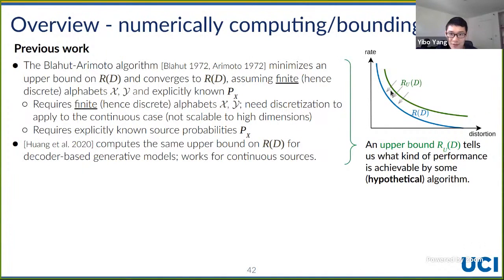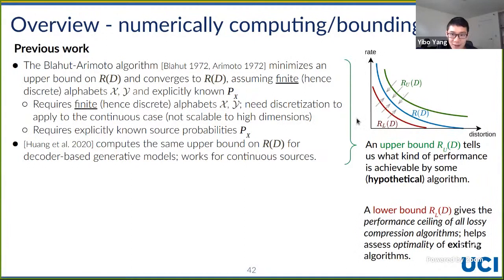So approaching this RD curve from above with an upper bound tells us what kind of performance is theoretically achievable by some kind of compression algorithm. But this is not very constructive. It doesn't tell us what kind of algorithm we can design, or how to design it efficiently to achieve performance that corresponds to this upper bound.